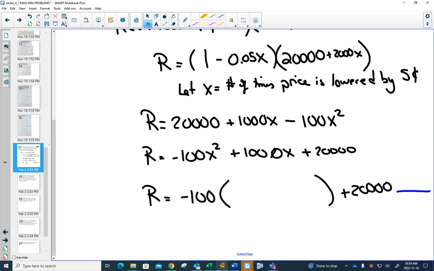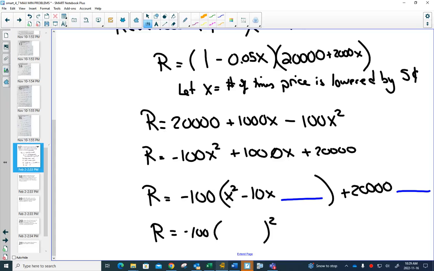we can factor out the negative 100. That gives us spaces to work with. So this changing to vertex form keeps coming up over and over again. It's very similar to the completing the square form we did in chapter 3.